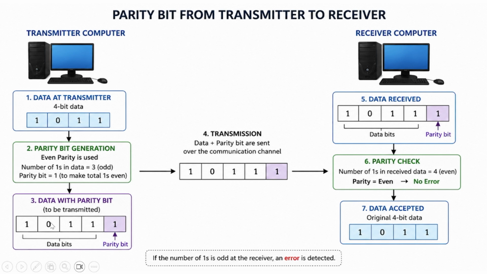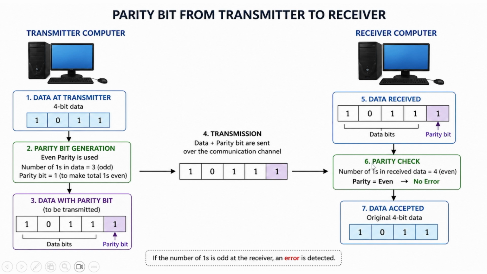So our data is now 10111. There are 4 ones, so it is even data now. After that, we transmit the data through wires. When the data is received at the receiving computer, it is 10111. After the data is received, the parity present in the data is checked.